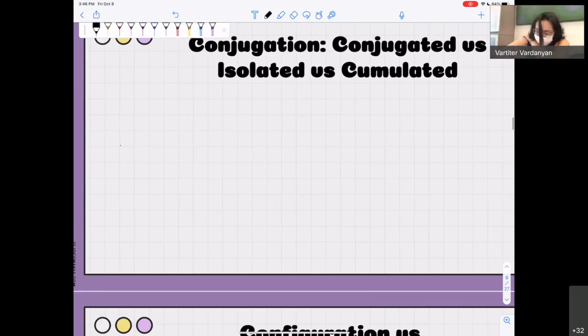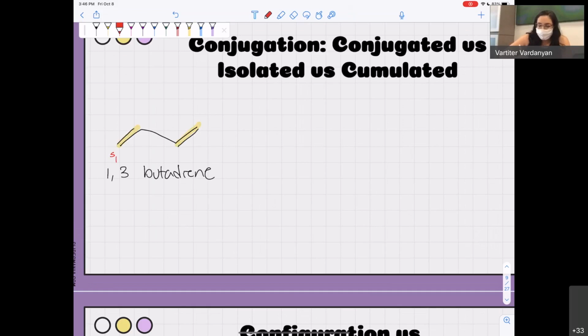So if we have a molecule like this guy we should all be familiar with, it's 1,3-butadiene. 1,3-butadiene has two double bonds that are separated by a single bond in the middle.